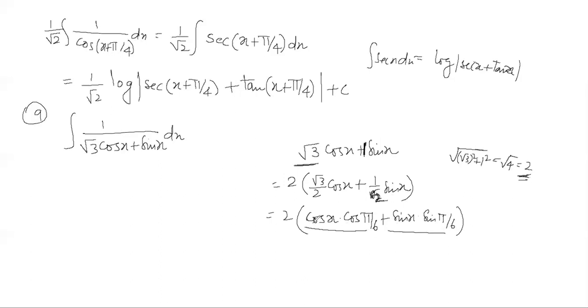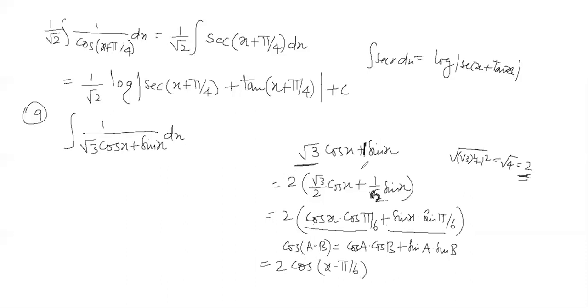This is the formula of cos of A minus B. Cos of A minus B equals cos A into cos B plus sin A into sin B. So this would be 2 into cos of x minus pi by 6.